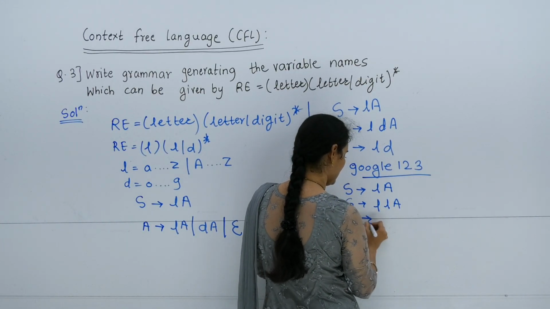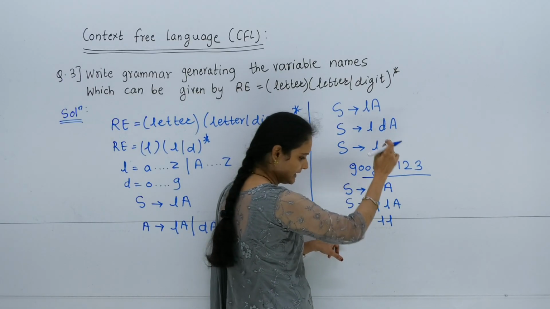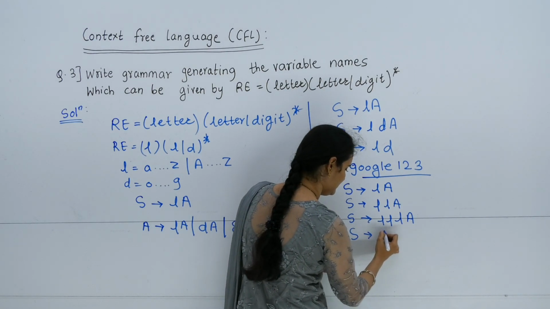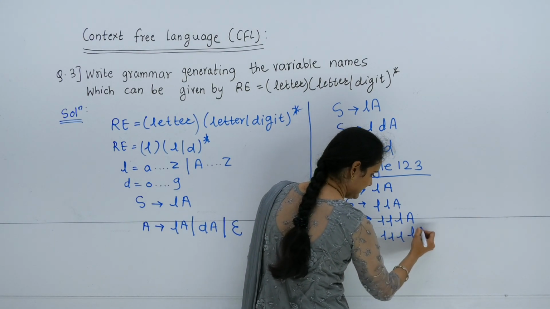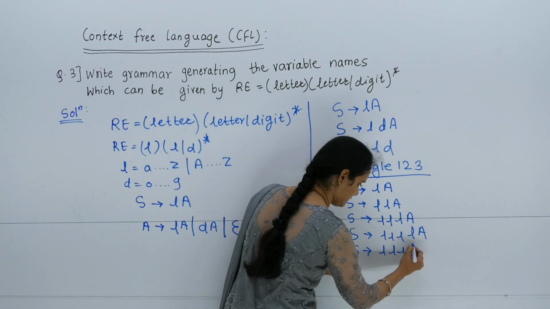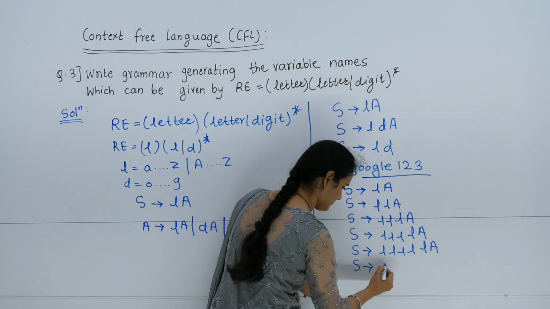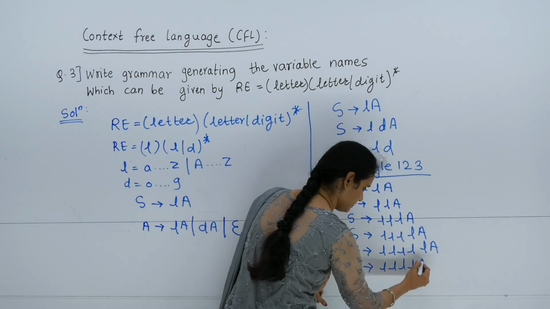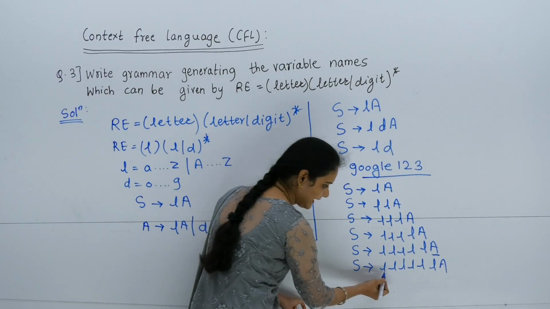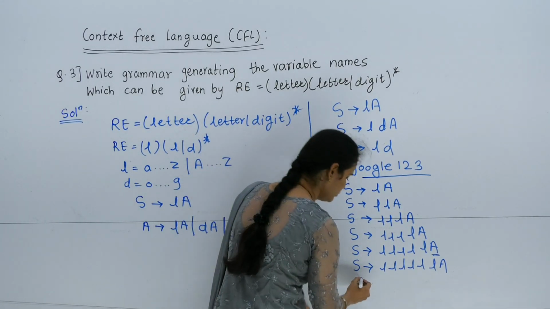How many letters do I want? 1, 2, 3, 4, 5, 6. So LA, again LA, LA, and every L can be replaced by a letter, that is Google.